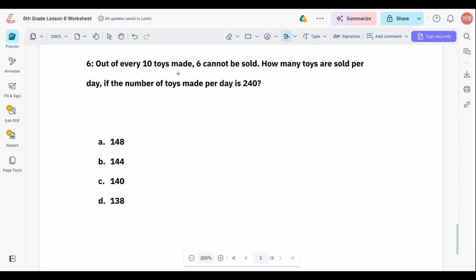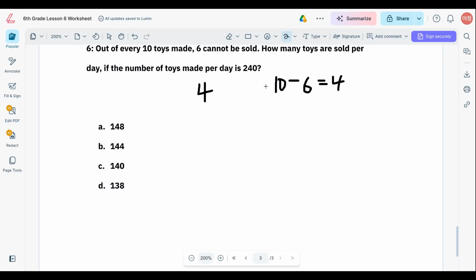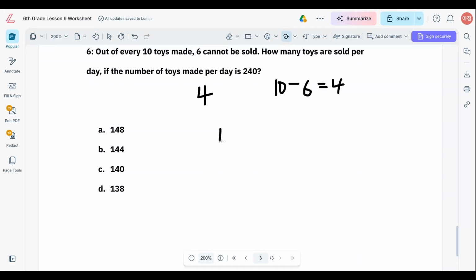Out of every 10 toys made, 6 cannot be sold. How many toys are sold per day if the number of toys made per day is 240? So out of every 10 toys, 6 cannot be sold, which means 4 are sold, right? Because if 10 is the total and 6 can't be sold, we subtract that 6 and you get 4. And so 4 toys out of the total 10 toys are being sold.